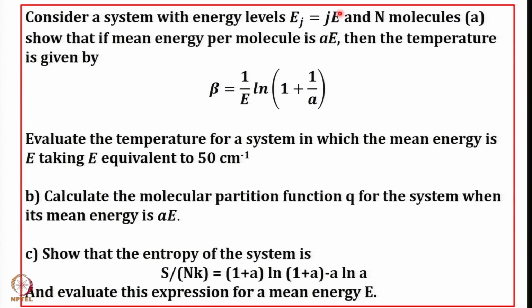Let us rewrite that. What we have is Ej equal to J times E, and q is equal to summation over J of exponential minus beta Ej.